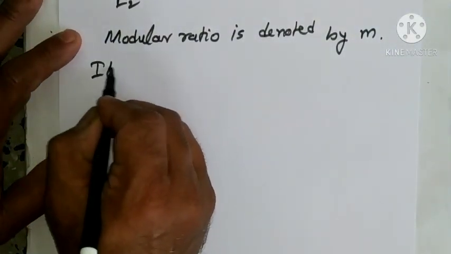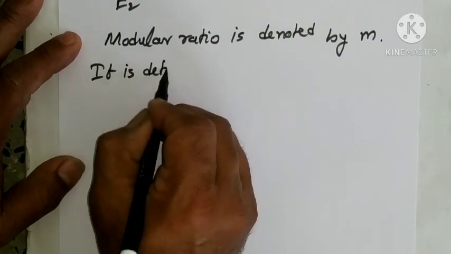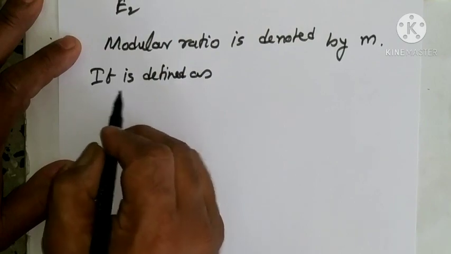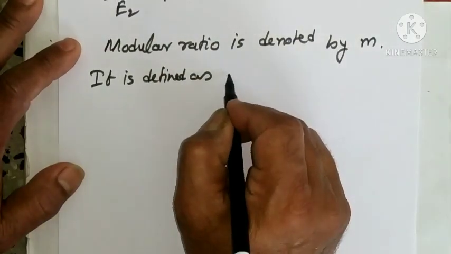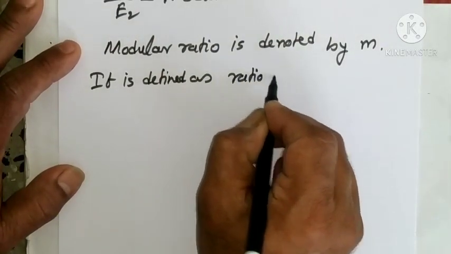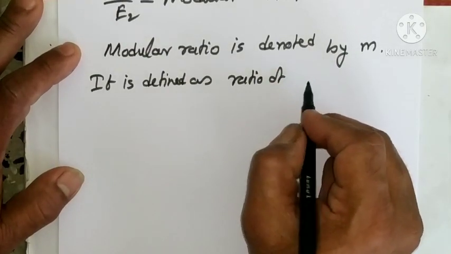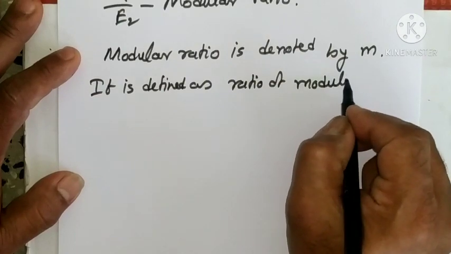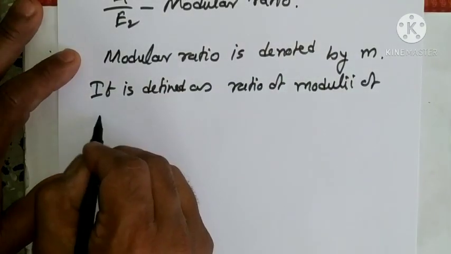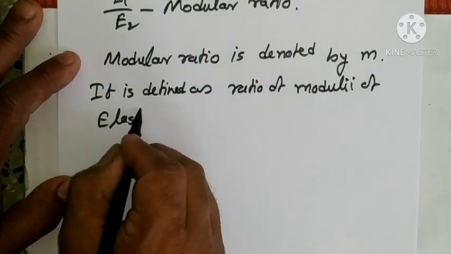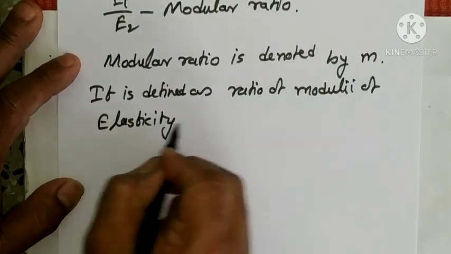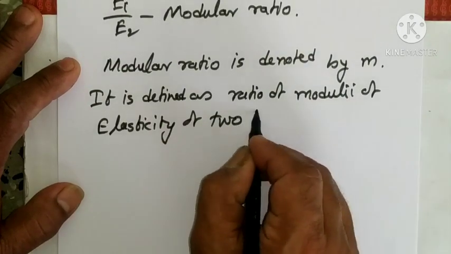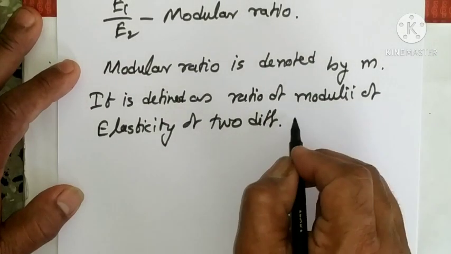It is defined as ratio of moduli of elasticity of two different materials.